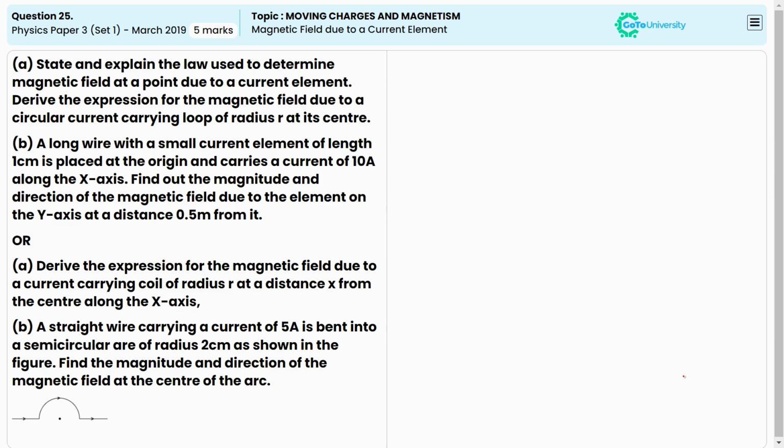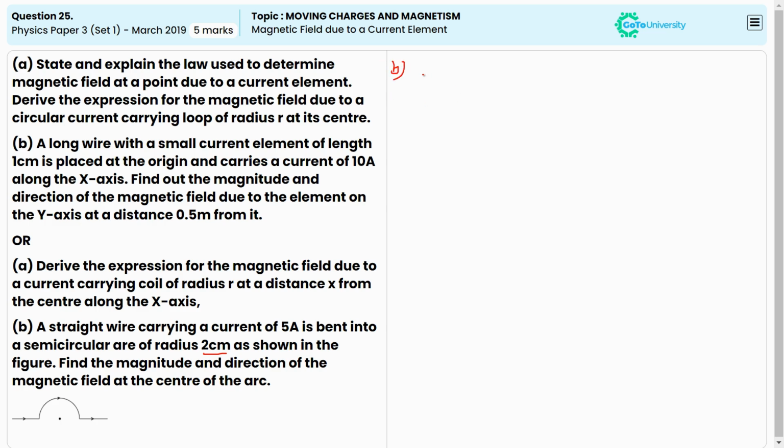Then the second part of the question, a straight wire carrying a current of 5 amperes is bent into a semicircular arc of radius 2 cm as shown in the figure. Find the magnitude and direction of the magnetic field at the center of the arc. Okay. Then with the data we can directly substitute the values here.